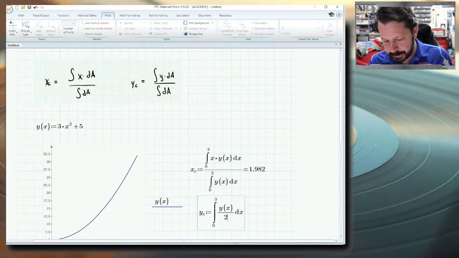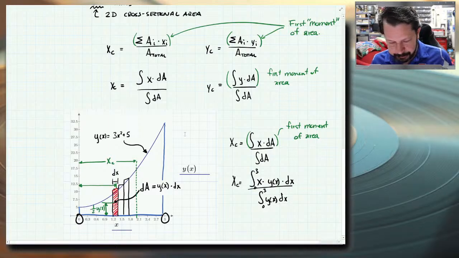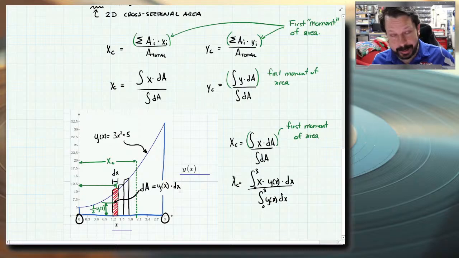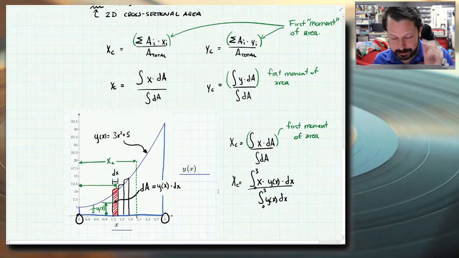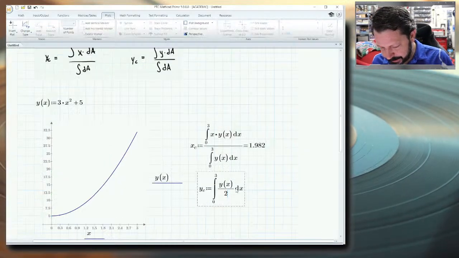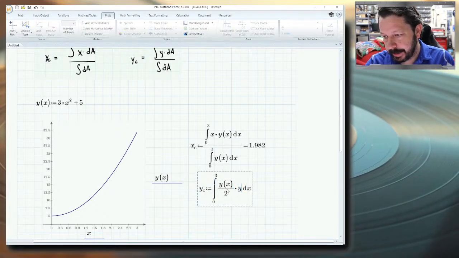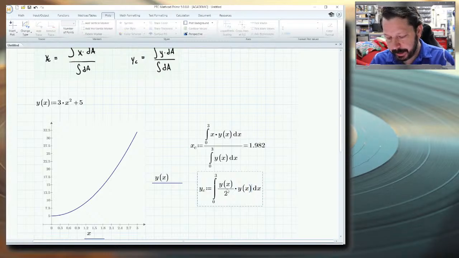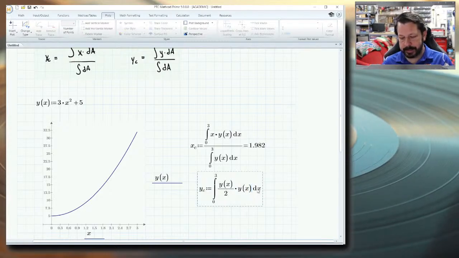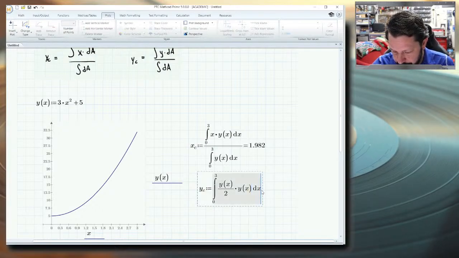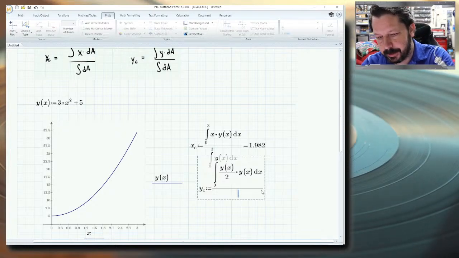times dA, which we don't have written on here. dA was y of x, the actual height of the strip, times dx. I already have the dx in there, but I need to multiply this times y of x. All of this needs to be divided by the total area, which is just the integral.